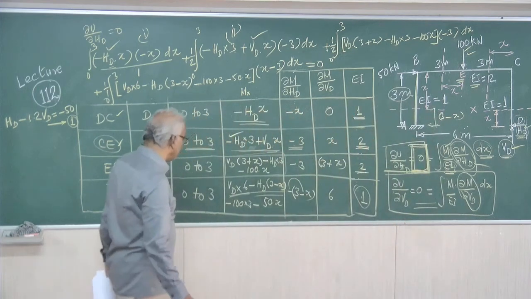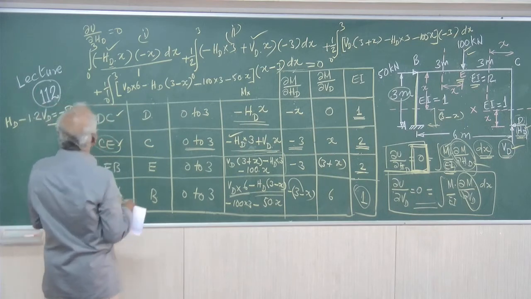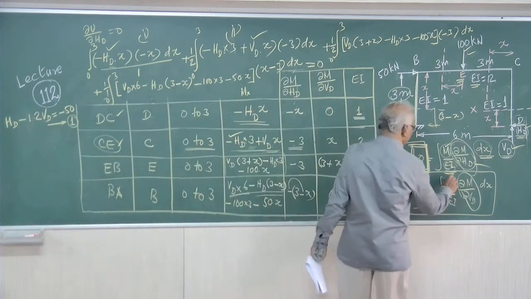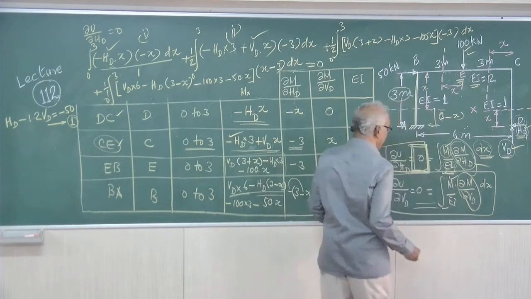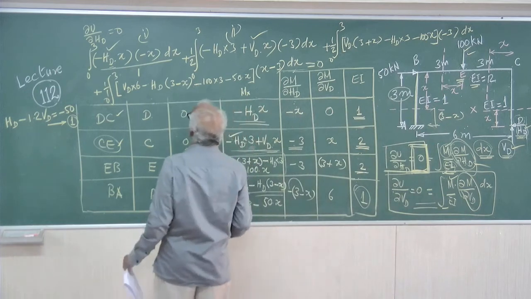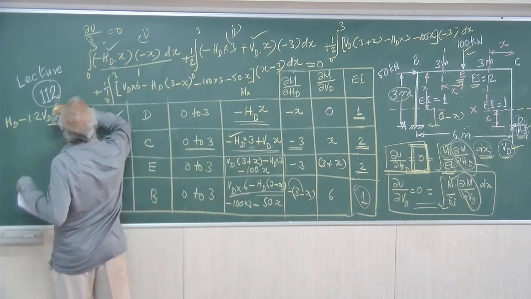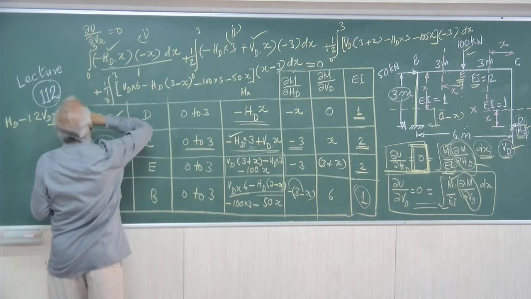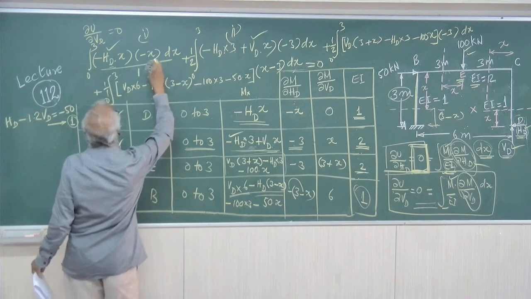Now, here again, m is the same in the place of HD. Here also m is the same. Limits will be the same. Dou m by dou Vd will be different. Therefore, now it is dou m by dou Vd equal to 0.